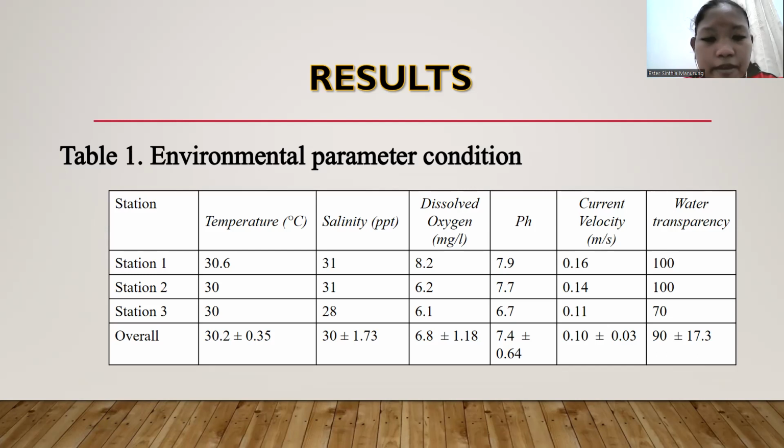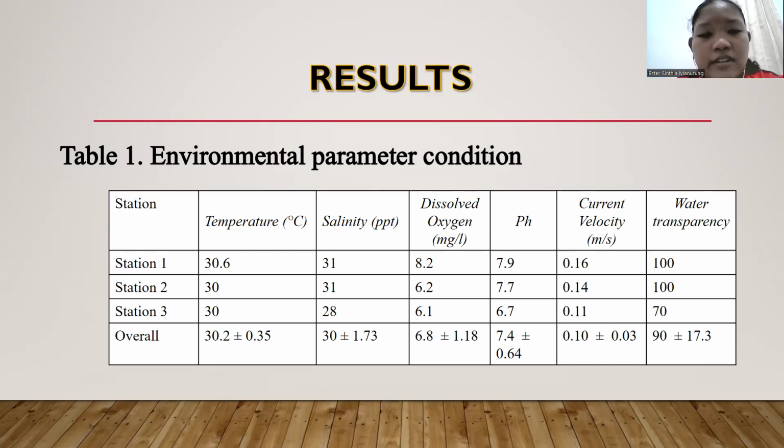The hydrodynamic process of current affects coral growth, reducing the rate of coral-eating biota. The current measurement result at the study site ranges from 0.11 to 0.16 meters per second. Water transparency strongly supports the growth of coral reefs for life.